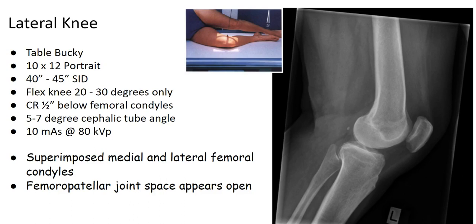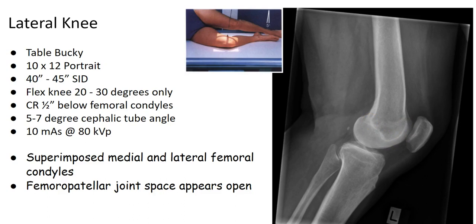In anatomical position, our medial condyle, and let me point out the condyles here for you. These are superimposed femoral condyles. The epicondyles, you really don't see them nicely in a lateral projection. They're approximately right here, kind of this more denser structure. But in a lateral knee, we're focused on the condyles.